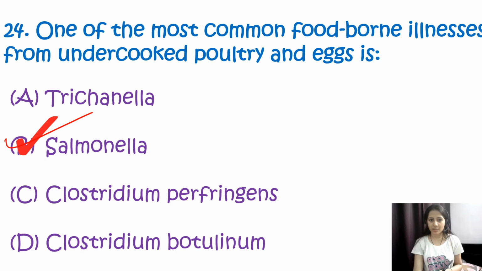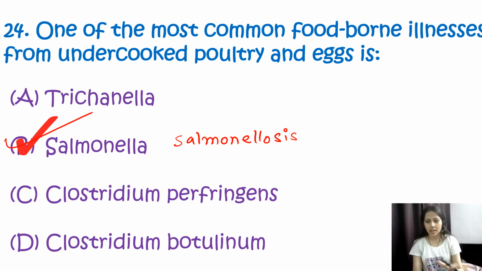Consuming these contaminated poultry, eggs, or egg products can lead to salmonellosis. Actually it is a food poisoning characterized by symptoms such as diarrhea and vomiting. It is one of the most common bacterial diseases which cause foodborne illness. So correct option is B, that is Salmonella.